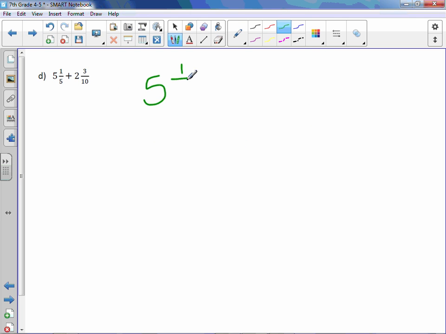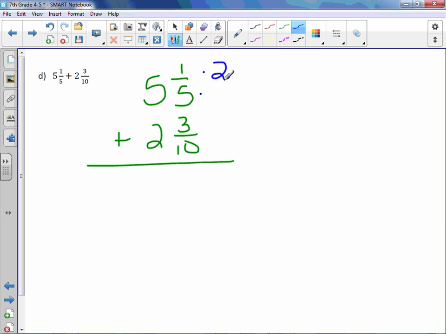Letter D, 5 and 1/5 plus 2 and 3/10. I need common denominators. My least common denominator would be 10. So I'll multiply the first fraction by 2 and the other fraction by 1.